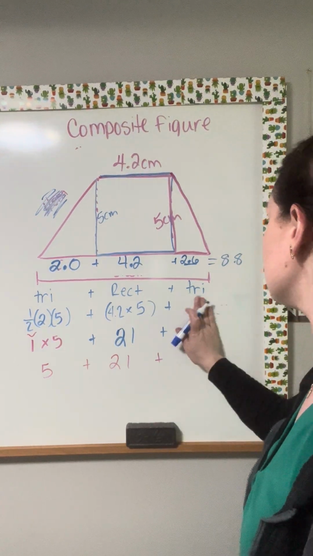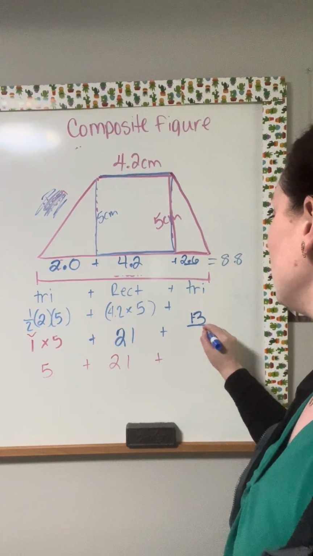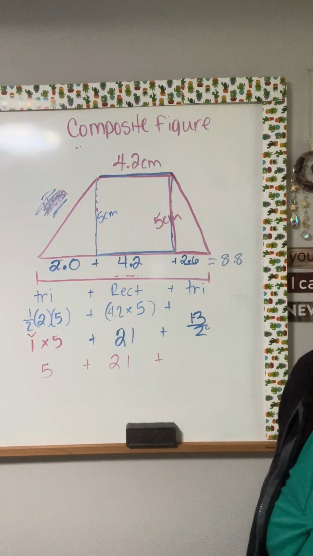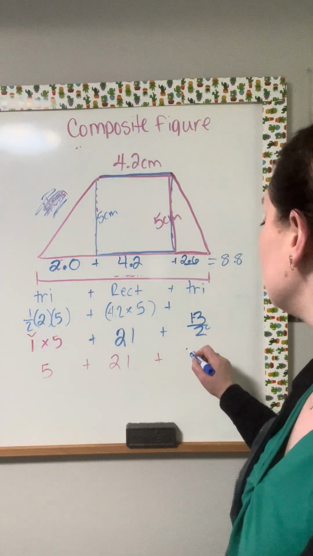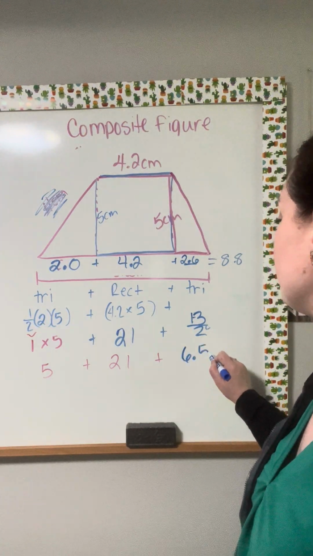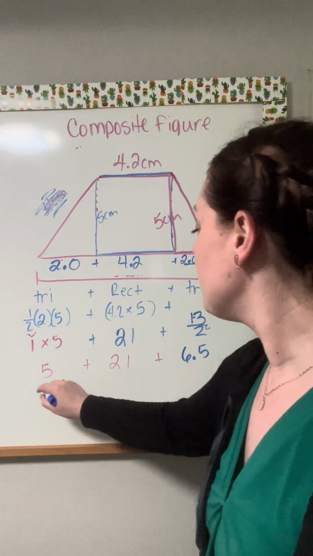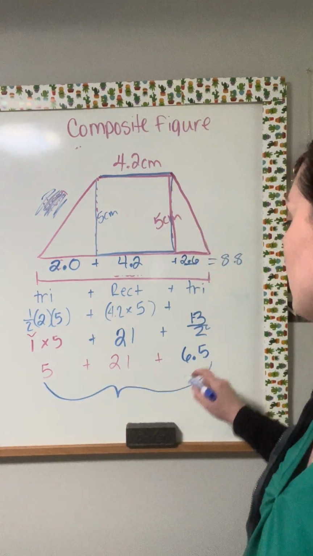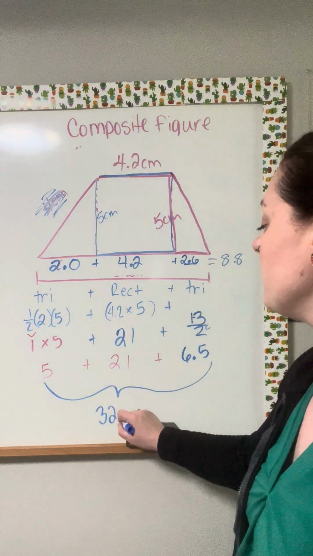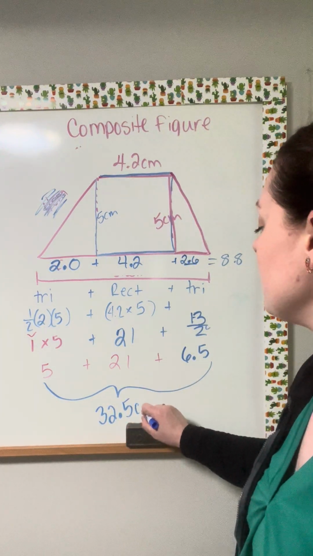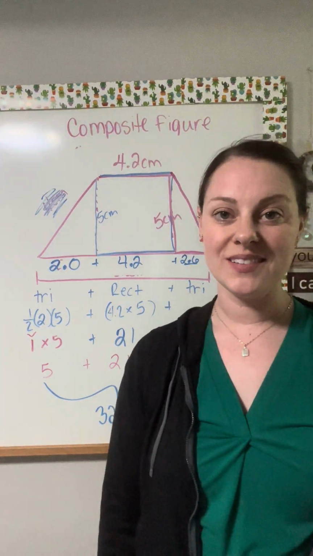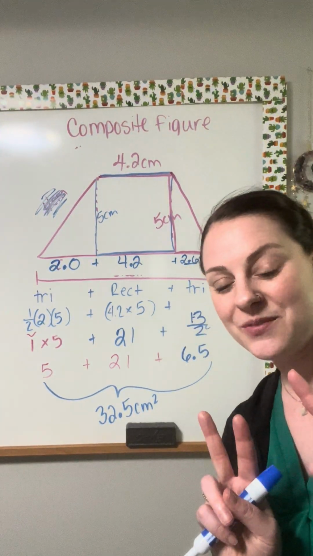I need to erase this, sorry. So 13 over 2, because I multiplied 2.6 times 5. That was 13. And then 13 divided by 2 is 6.5. And then you add all these up. Okay, and you're going to get 32.5, and it's centimeters squared. I hope this was helpful. Bye.